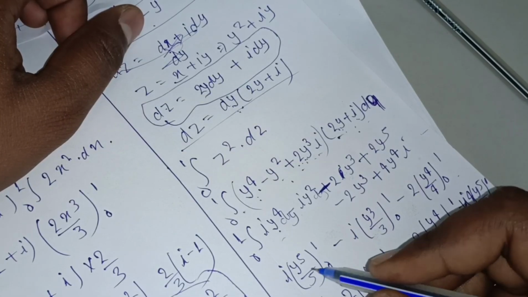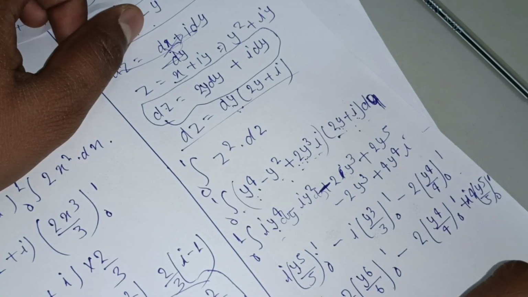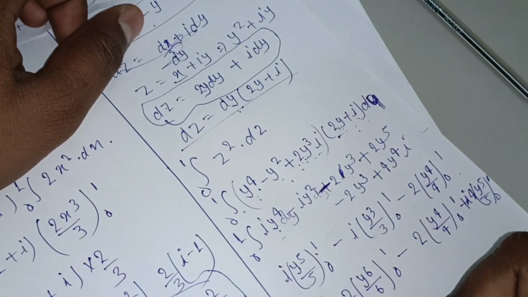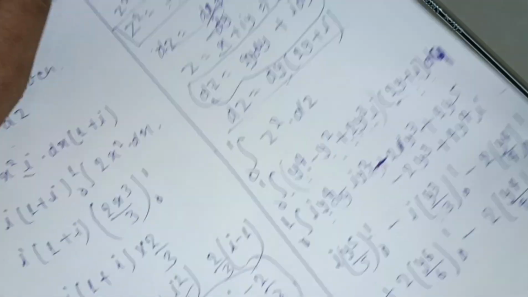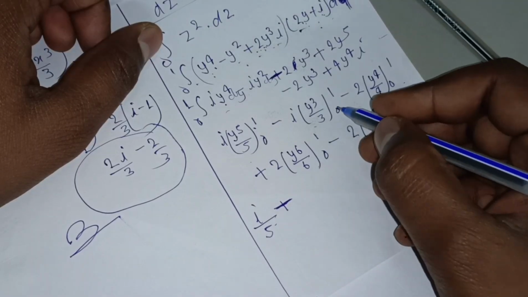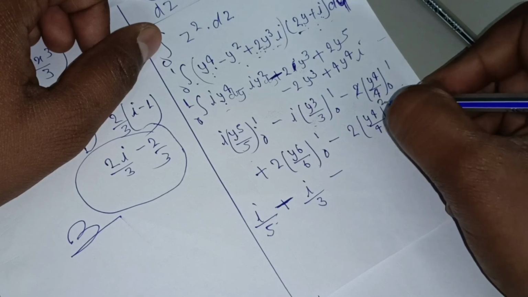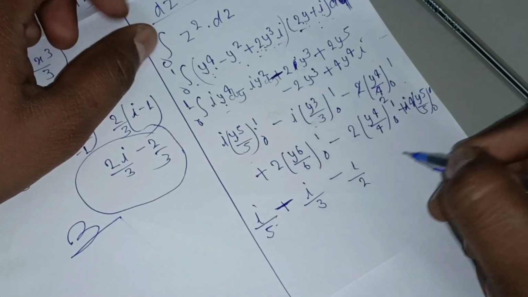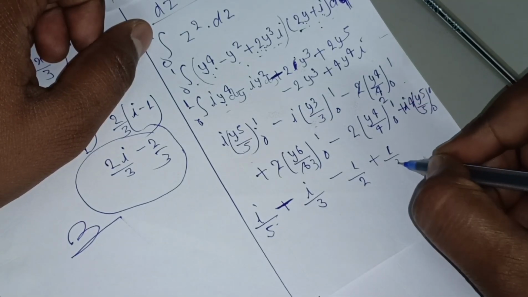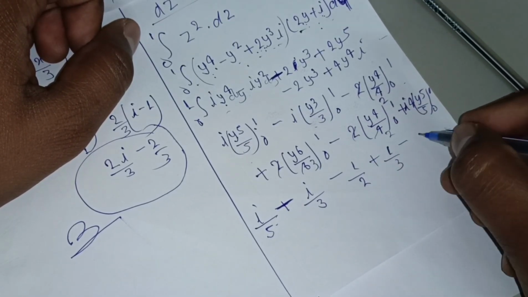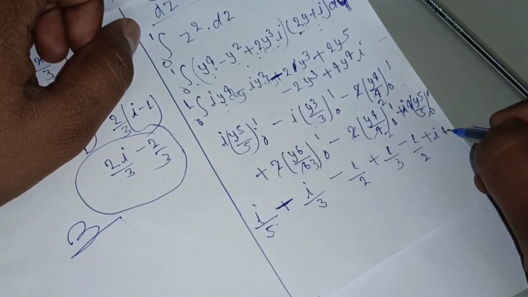So 1 iota here will be 1, so iota upon 5 only, iota upon 5, plus, sorry, minus, now here iota upon 5 only, now here iota minus iota upon 3 only, minus 2 to cancel, then 1 upon 2 only, plus 2 into 3, so 1 upon 3 only, minus 2 into 2, so 1 upon 2 only, plus iota 4 upon 5.